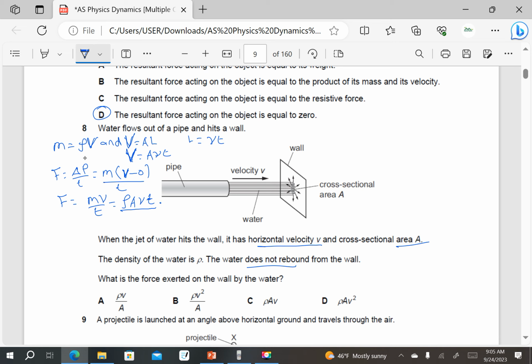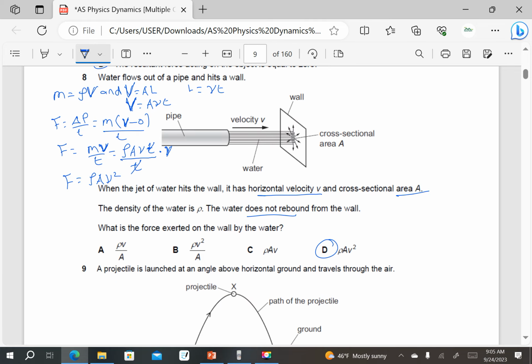Then I'll say times v, this v here, then divide by time t. So the time t cancels out, and the v is going to be squared. So the force is going to be density times cross-sectional area times v squared. So I think this makes the answer D. So our answer there is D.